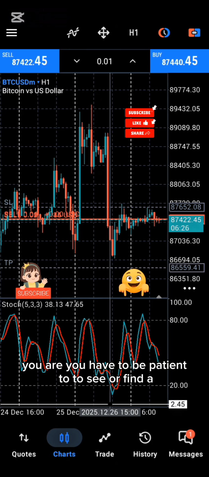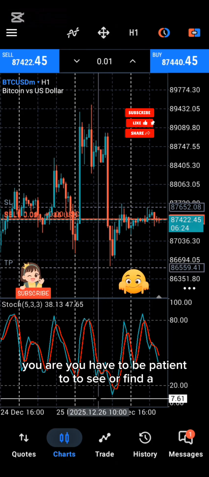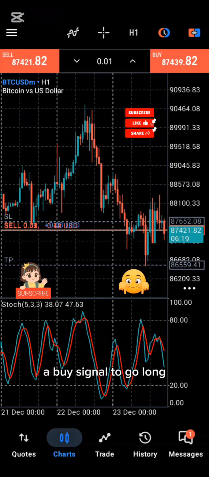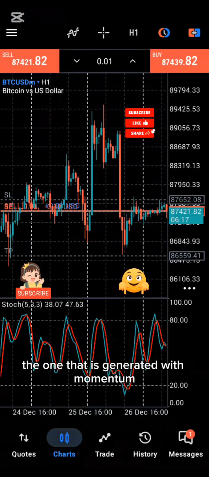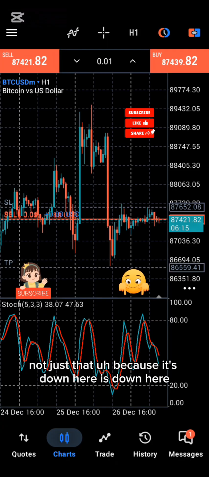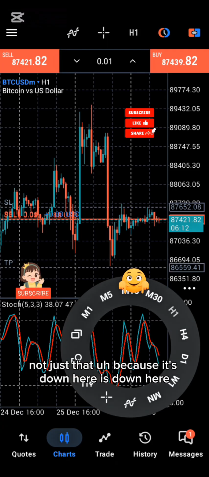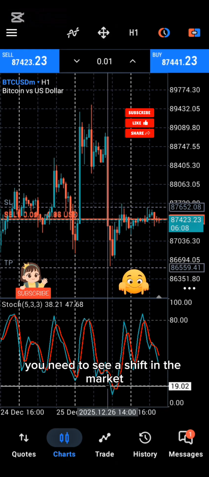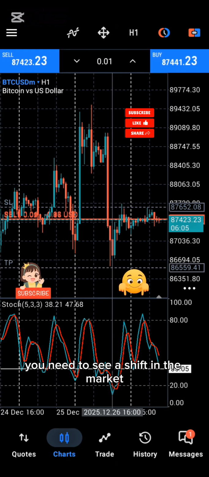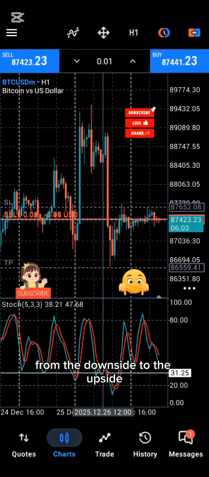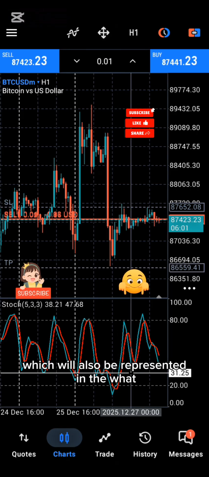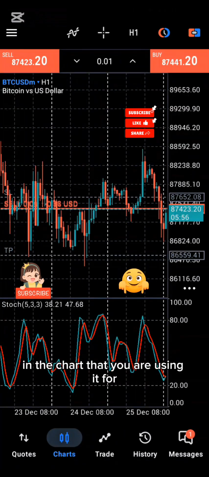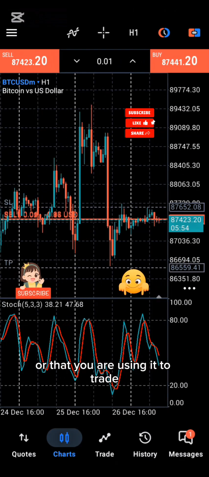You have to be patient to see or find a buy signal to go long, the one that is generated with momentum, not just because it's down here you just start buying. No, you need to see a shift in the market from the downside to the upside, which will also be represented in the chart that you are using it to trade.